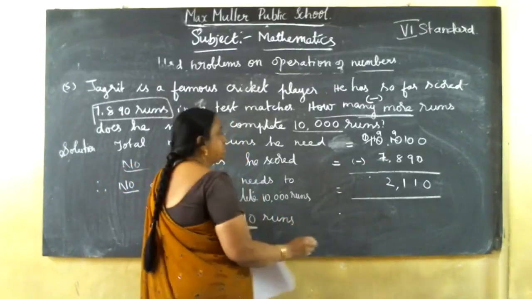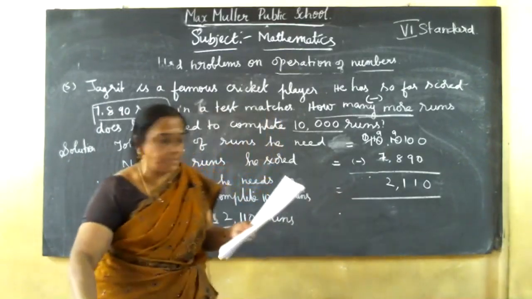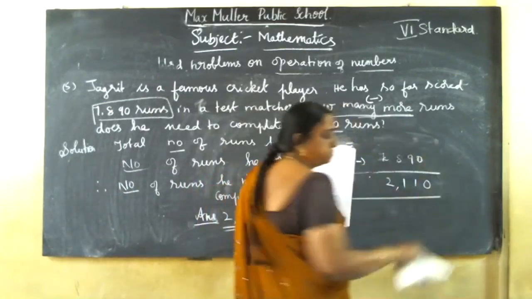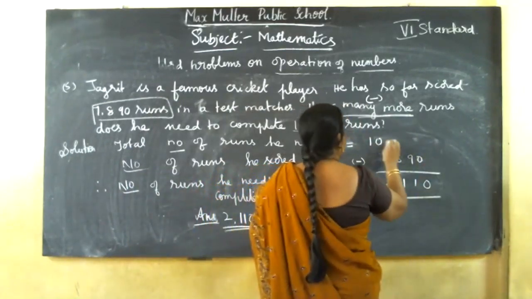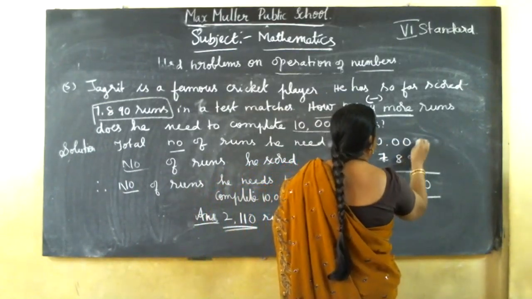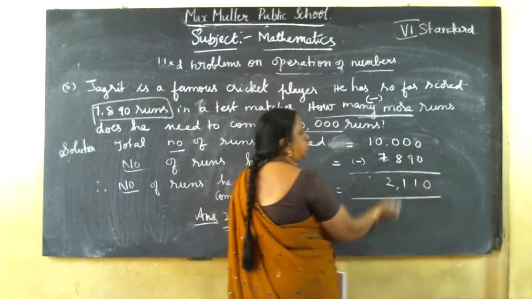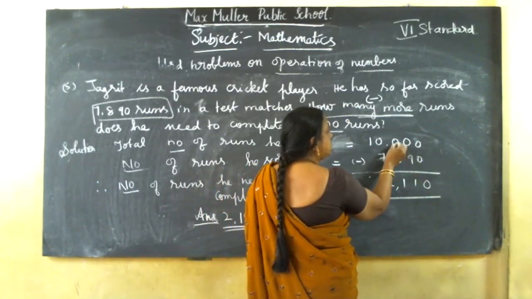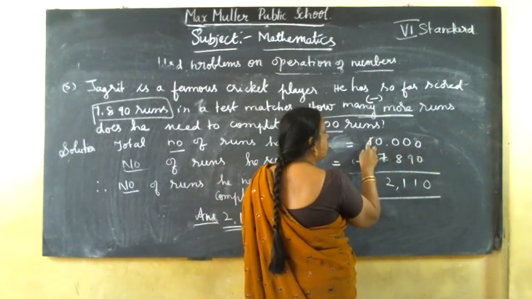Clear now? Once again, I'll solve this subtraction and show. 10,000 minus 7,890. Okay? 0 minus 0, 0. Here also, see, 0 minus 9 you can't subtract, so borrow 1. Here also 0, here also 0. So borrow 1 from here.